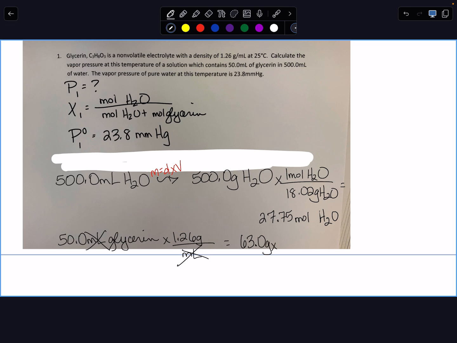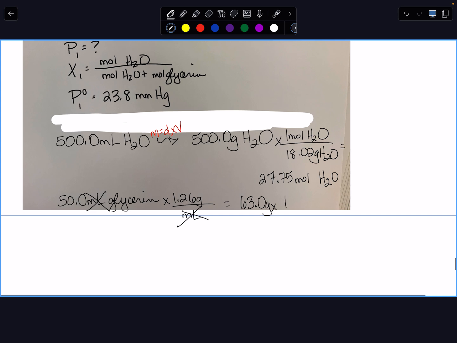Then I have to convert that to moles. And you're given the formula on the sheet, so you can do the molar mass.